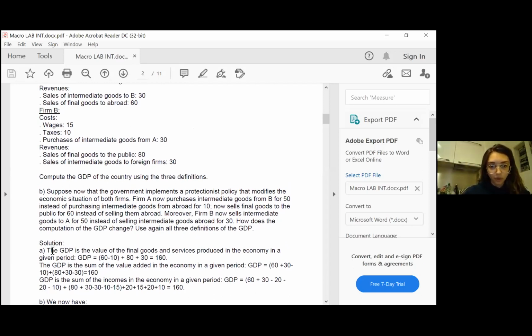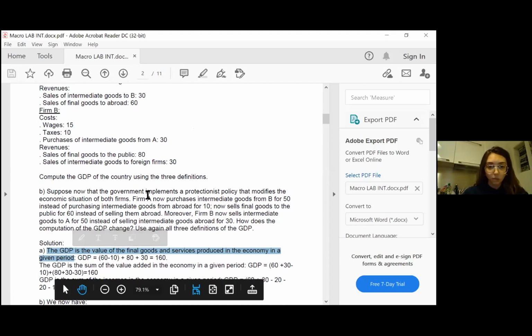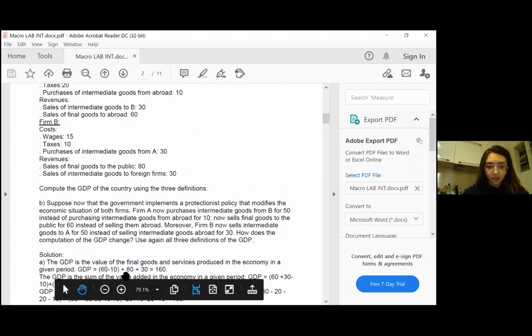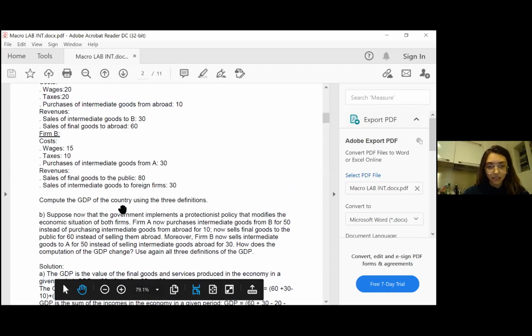With the first definition, the GDP is the value of the final goods and services produced in the economy in a given period. In that case, what would it be? For firm A, it would be 60 minus 10.